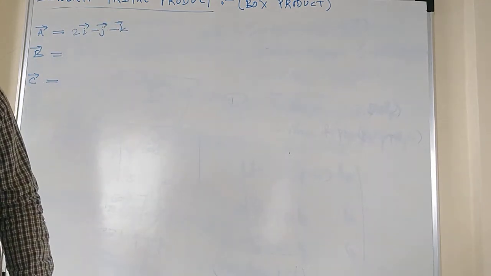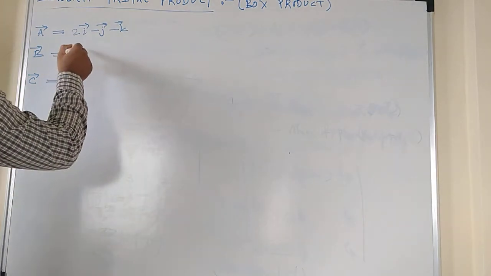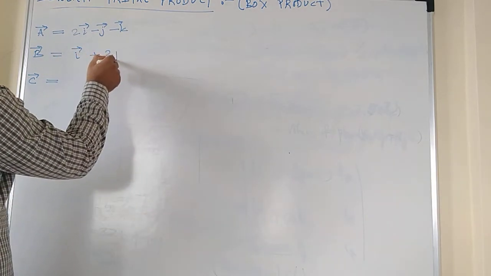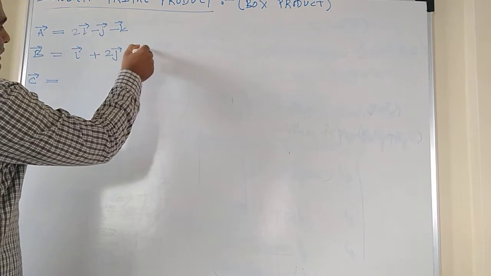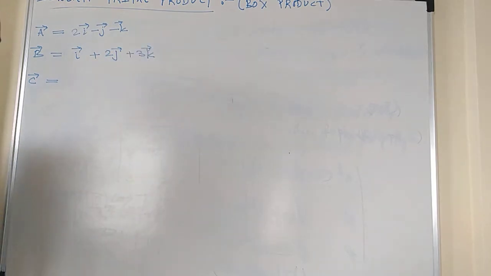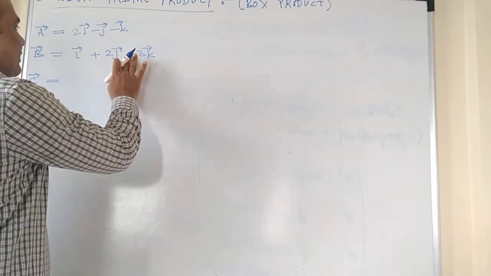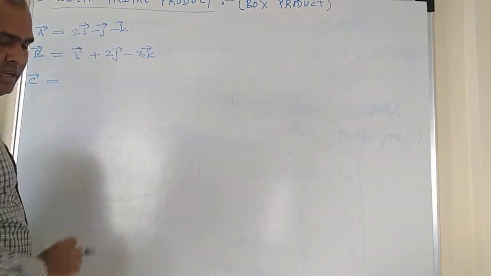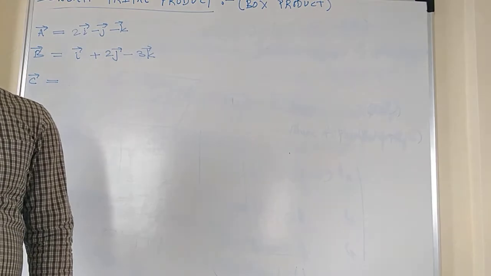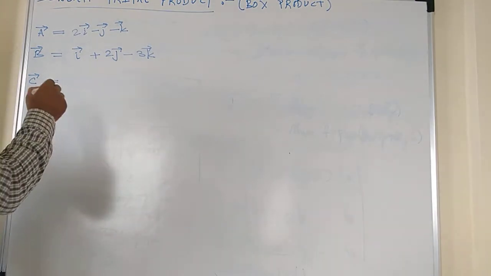Second is i plus 2j minus 3k, and the third vector is 3i plus 2j minus 5k.